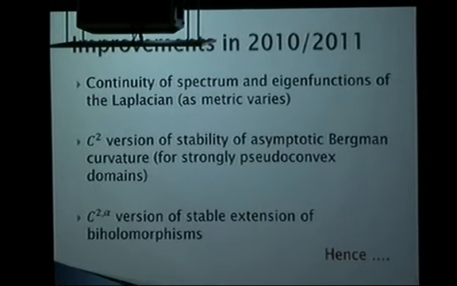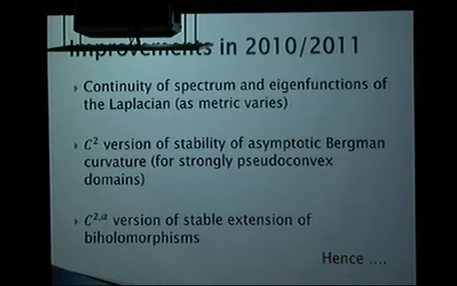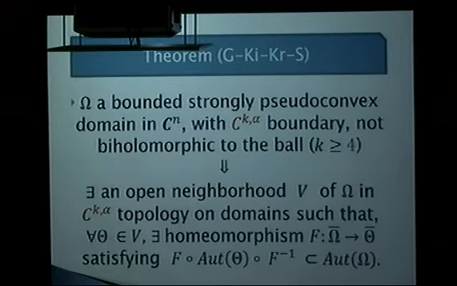The reason we do not have a preprint is that we are trying to make 4 into 2. That's still going on. We don't know exactly how this will be done, but we have lots of reasons to believe that it's possible. But let me just state C^{k,alpha} with k at least 4.